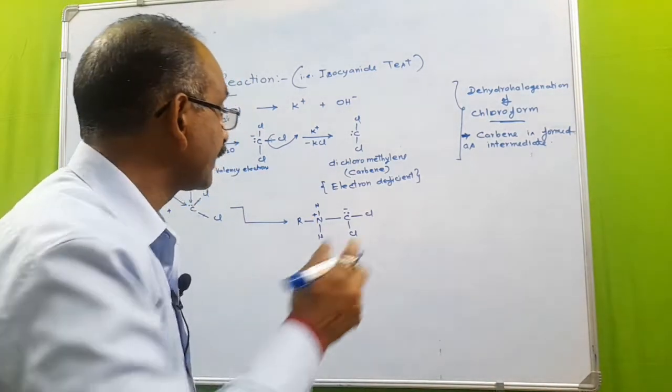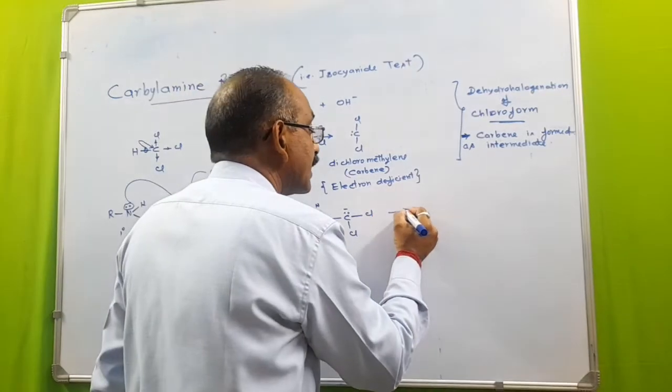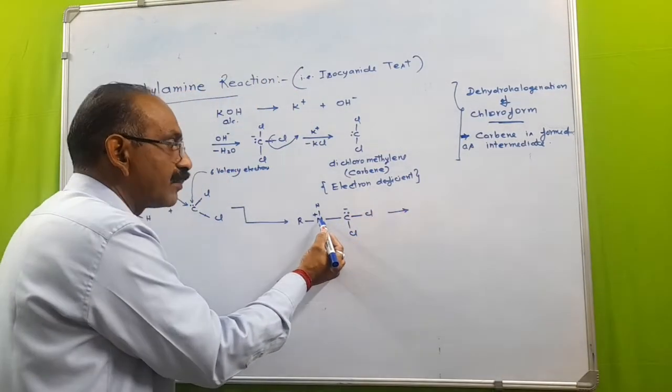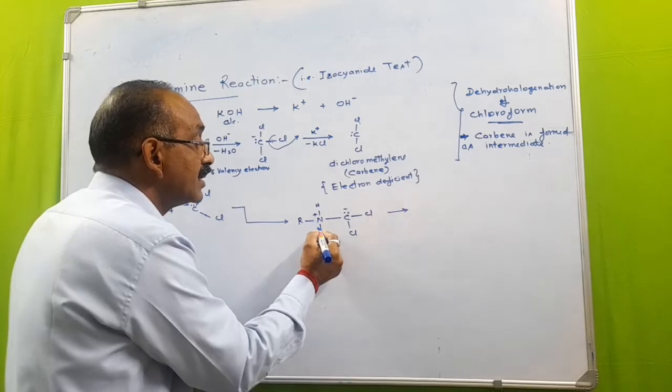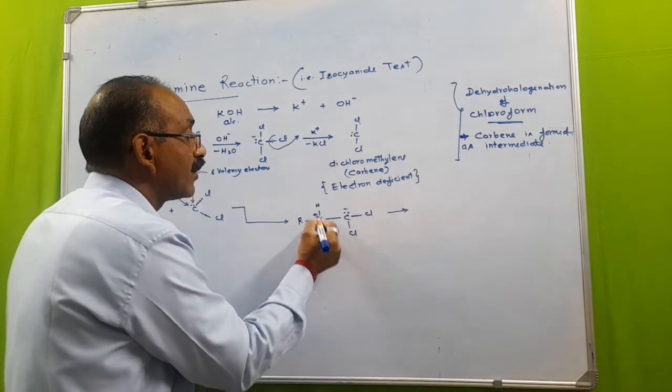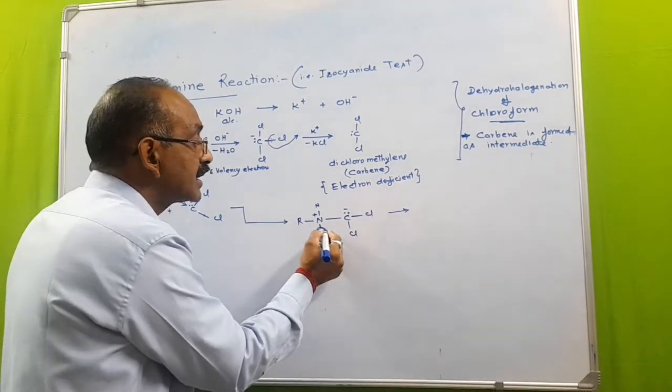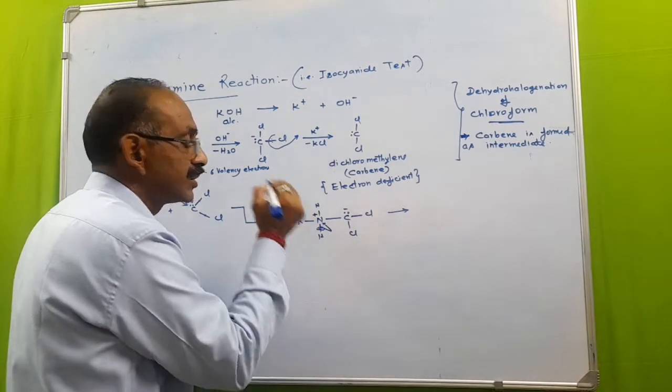Is it clear? Thereafter what happens? In order to compensate the positive charge of the nitrogen, the electron pair of one of the NH bonds shifted over the nitrogen.